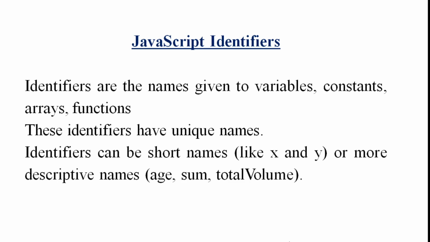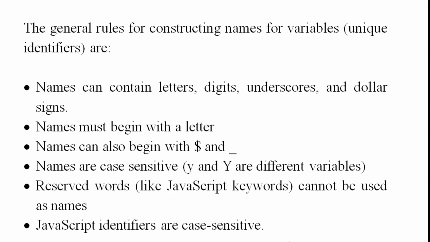Identifiers can be created with either short names or descriptive names. Simply like x and y, these are short names. And if I produce a complete name like age, sum, total, all these. Identifiers are the names that are assigned to variables, constants, arrays, and functions.